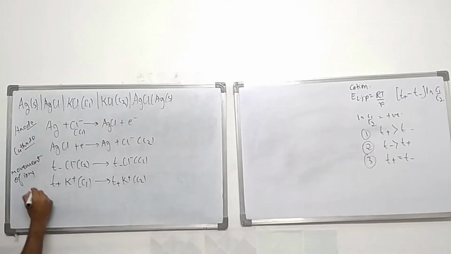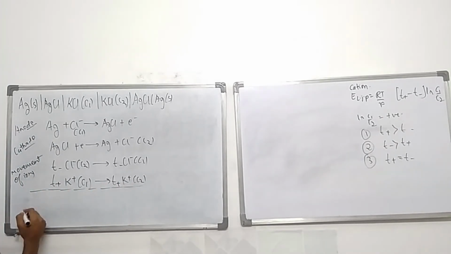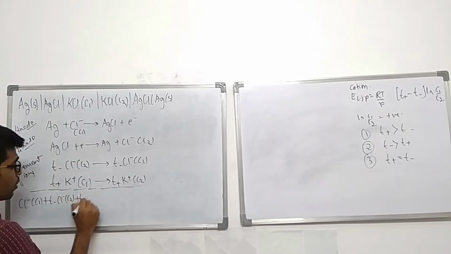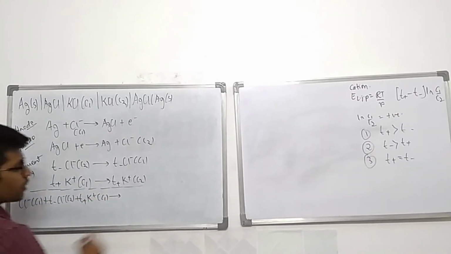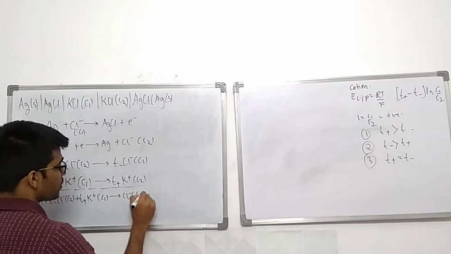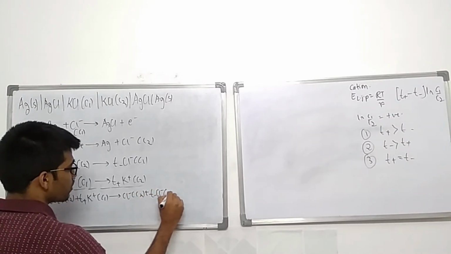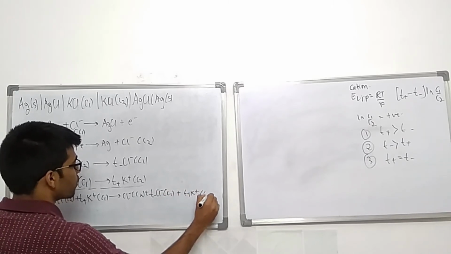Okay, so what is the total cell reaction that I get? I am getting Cl minus C1 plus T minus Cl minus C2 plus T plus K plus C1. This gives Cl minus C2 plus T minus Cl minus C1 plus T plus K plus C2.